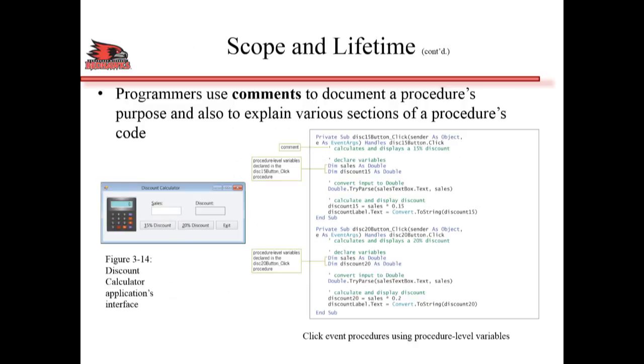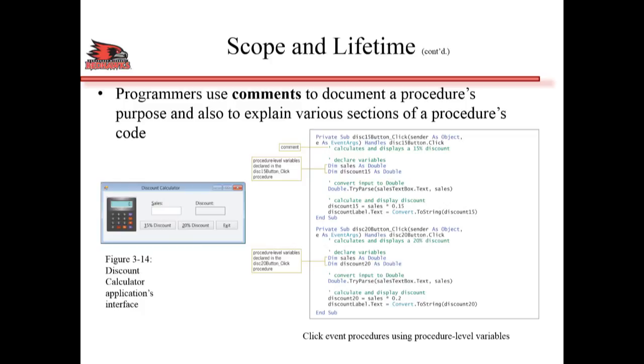So let's see some examples. Here you see variables being defined. Suppose the sales variable, right? There's a sales variable defined in the first private subroutine for the disk 15 button or the 15% discount button, and it's also declared inside the disk 20 button subroutine, which is the code for clicking the 20% discount button.